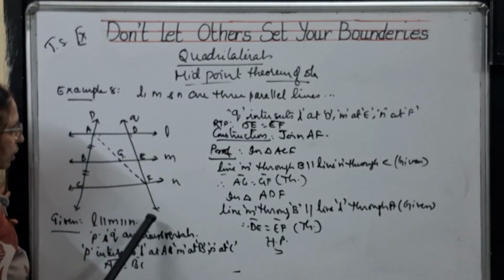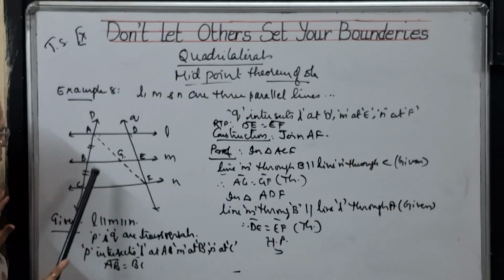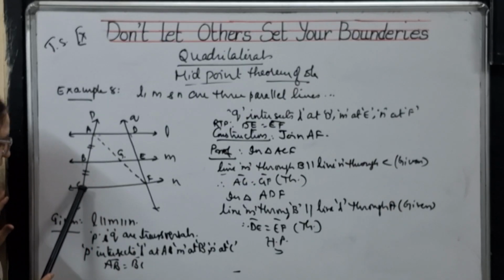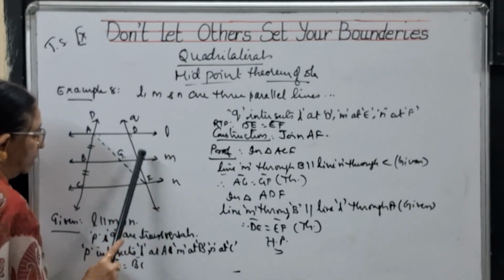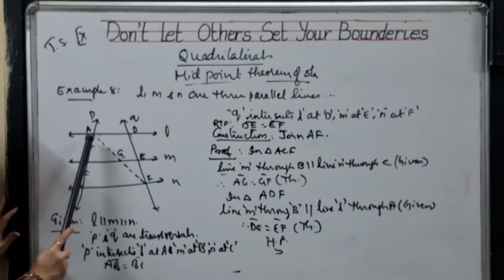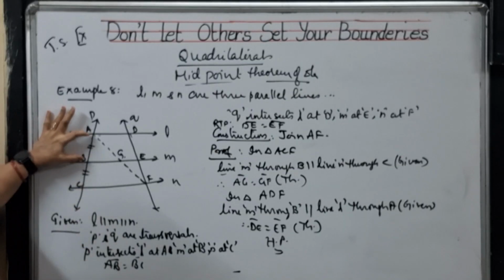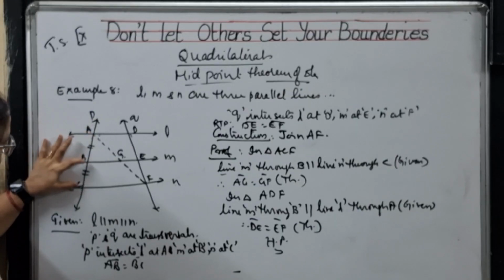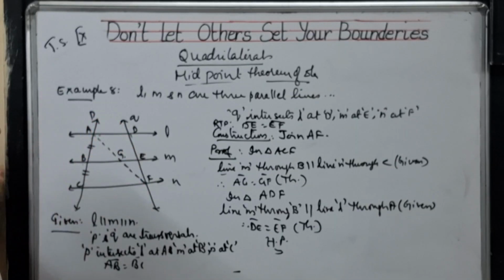P and Q are intercepts which intersect L at A, M at B, N at C for P, and L at D, M at E, N at F for Q. And also the intercepts AB is equal to BC. This part is called intercept. These two intercepts are equal, they have said. We need to prove DE is equal to EF. Required to prove DE is equal to EF.